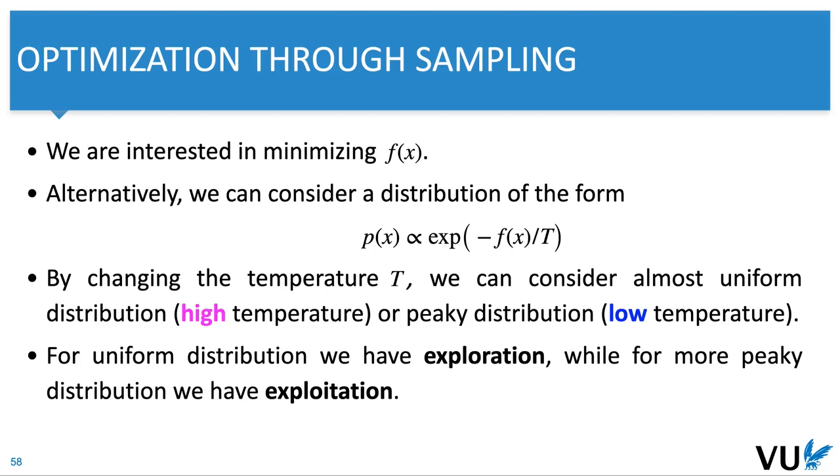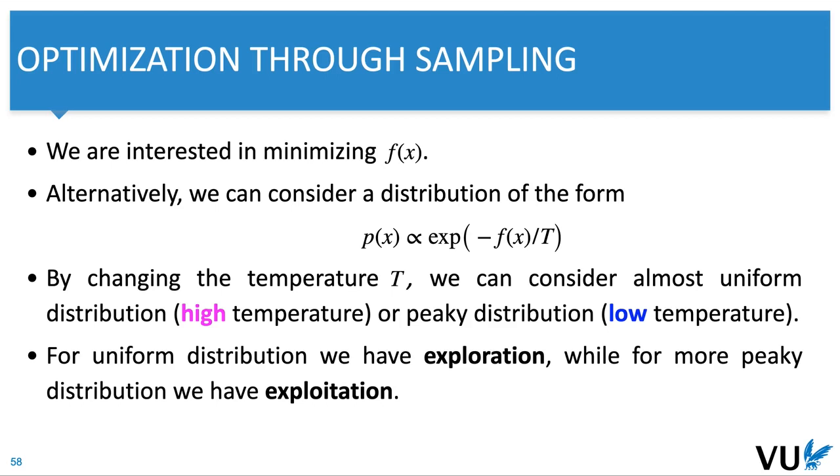What is interesting is that we can do optimization through sampling, okay? So far, I presented a couple of sampling algorithms. You can use them for sampling, but interestingly, we can use them also for optimization, okay? And again, we can say that this is like randomized optimization, okay? So let's say that we are interested in minimizing function f, our objective.